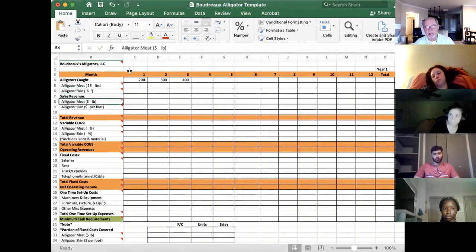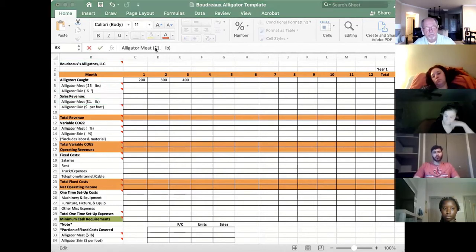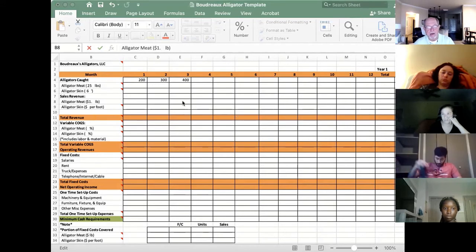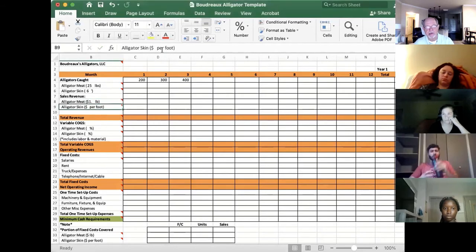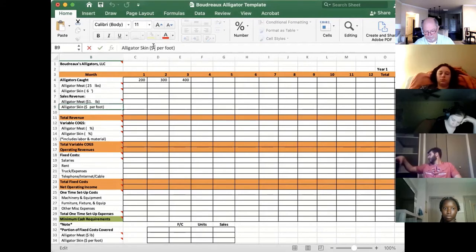Now, meat, he said, $1.50, and he said that he was going to get $9 a foot, I think is what he said he would get for the skins.